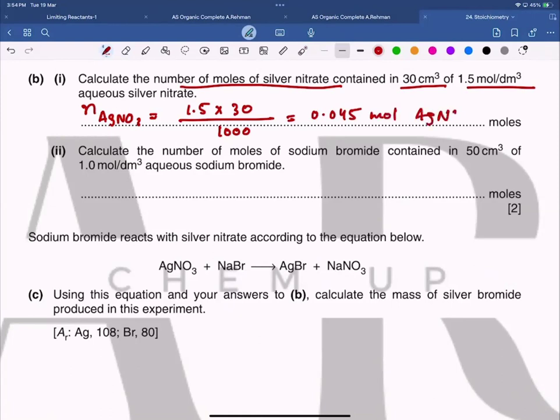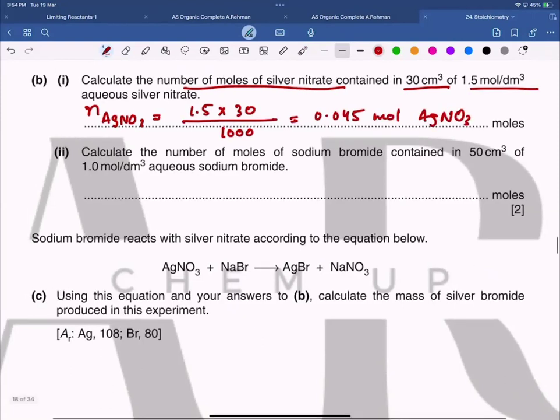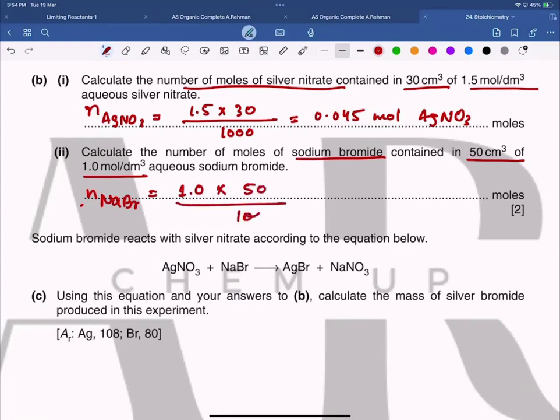Then calculate the number of moles of sodium bromide contained in 50 cm³, 1 mole per dm³. Moles of sodium bromide equals 1.0 times 50 divided by 1000, which is 0.05 moles. Till here, is this clear to all of you?